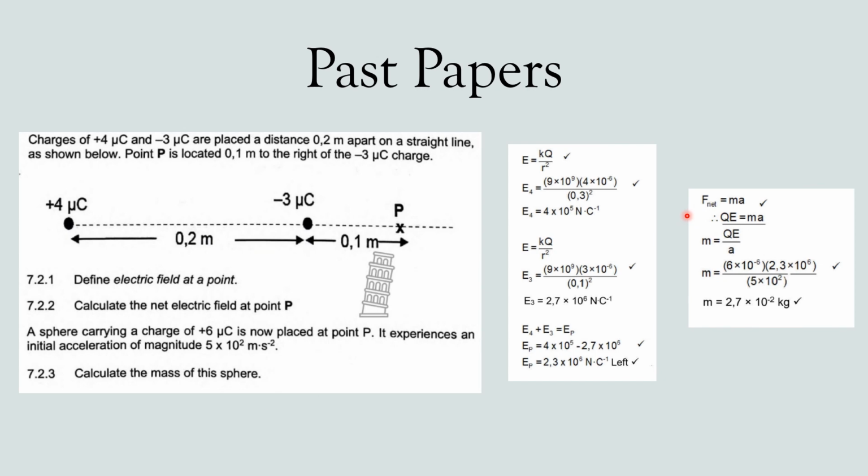So you have to use your F net equation here because they give you the acceleration and you are asked to calculate your mass. So this is your acceleration, this is your mass. Your F net is the Q and E, meaning the charge in coulombs and the electric field, and now you make m the subject of the equation and you basically solve for your answer.